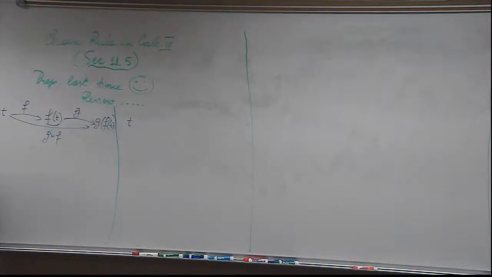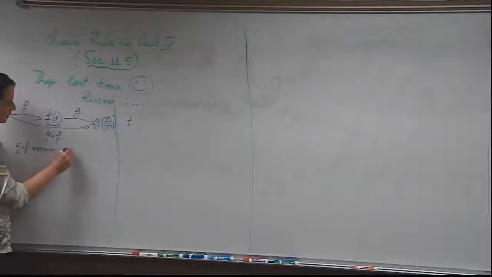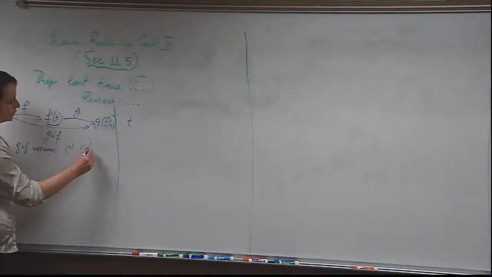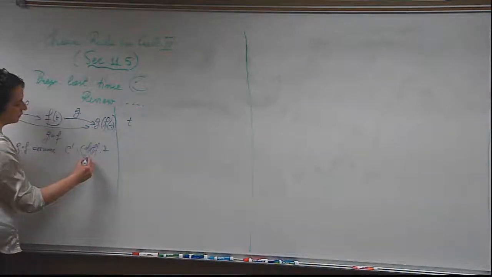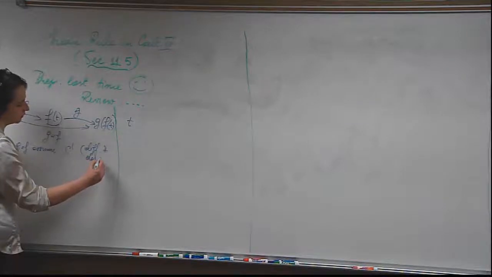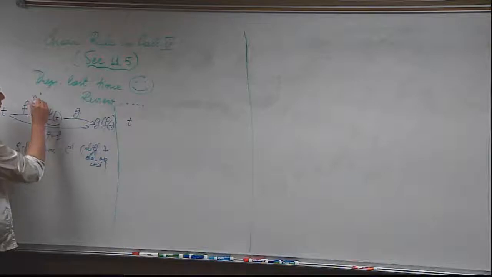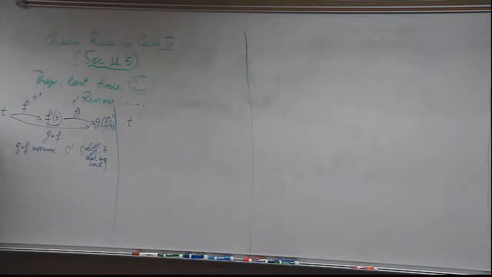Now, if you have the differentiability, assuming that this is g composed with f, assuming both to be C1, meaning differentiable and derivatives are continuous, they compose well. What am I going to do next?